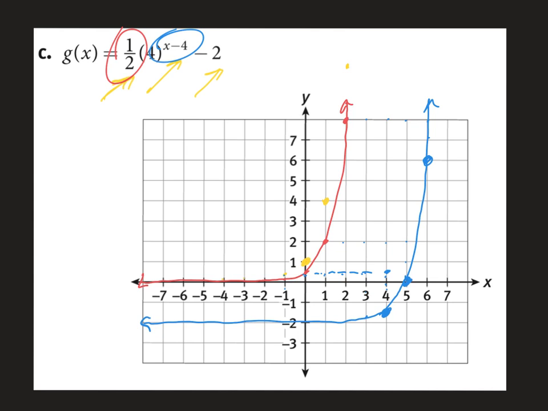Domain, all real numbers, as always. Range is always going to be whatever vertical shift you see. So if you don't see a vertical shift, it's 0. In this case, y is greater than -2.